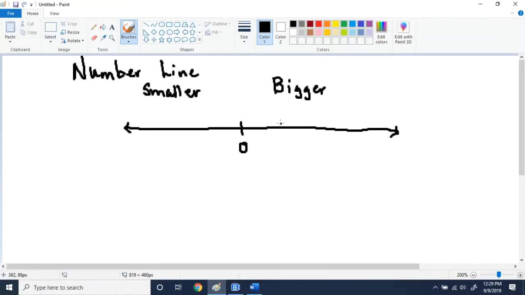So if we start with 0, you know the next number is 1, 2, 3, and 4, and it continues on. These are all positive numbers. Okay, for our smaller numbers, they're going to be negative numbers.